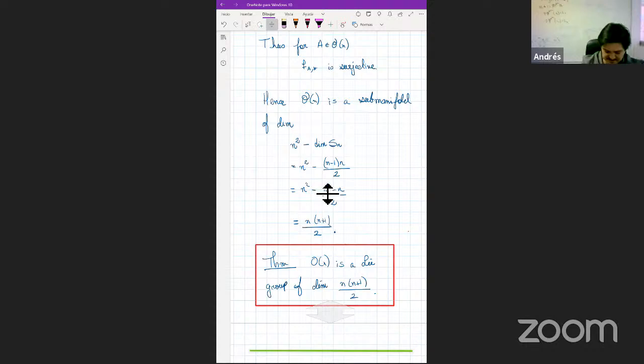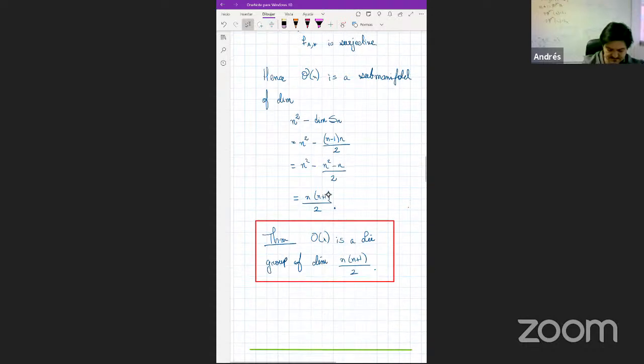Any questions? So can you give me the values on the bottom, please?